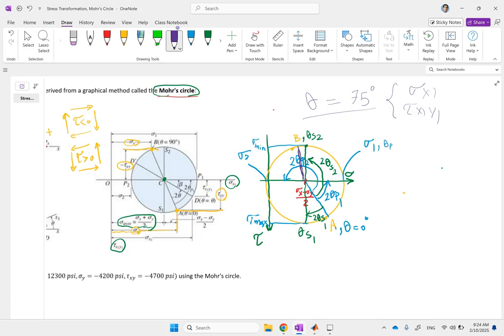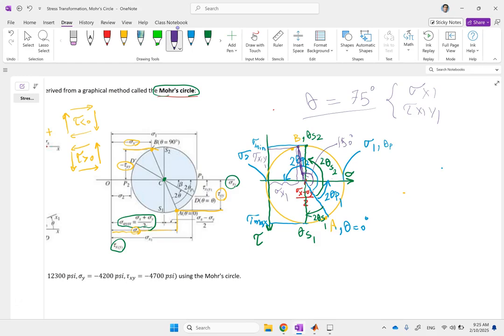This angle here is 150. Then if you can calculate this point here, that is your tau x1y1. And this point here, if you project it, this here is your sigma x1. And all you need to do is simple trigonometry.